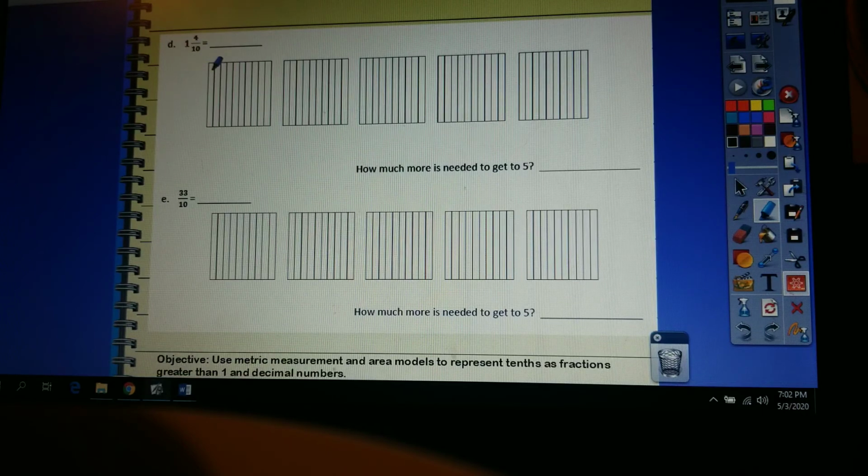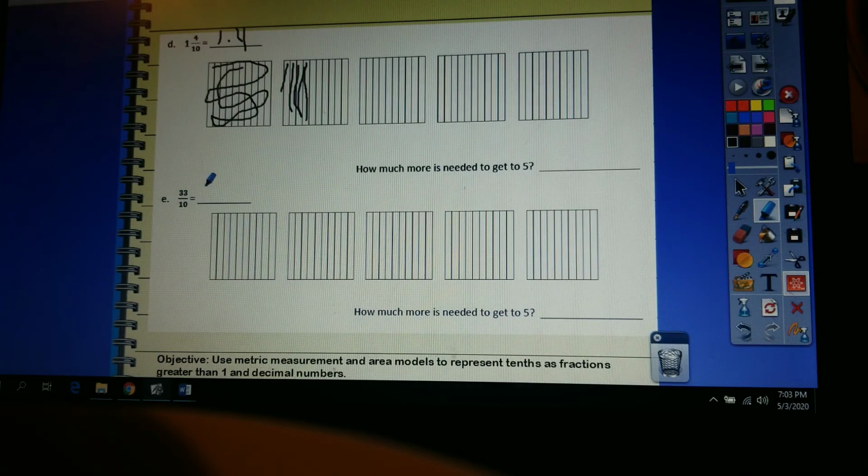Okay, so 1 and 4/10. We need a whole and then 4/10. So it'd be 1, 2, wow, 3, 4/10. 1.4, which is equivalent to 1 and 4/10. Ooh, 33/10. Gosh, 33/10. What is that equivalent to?